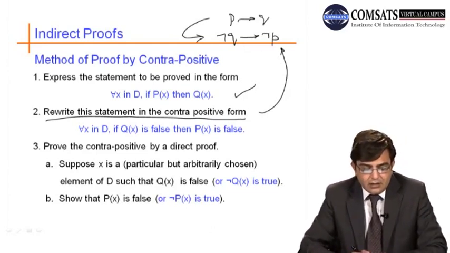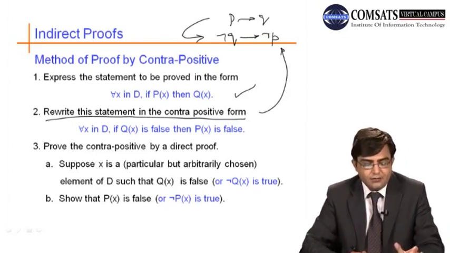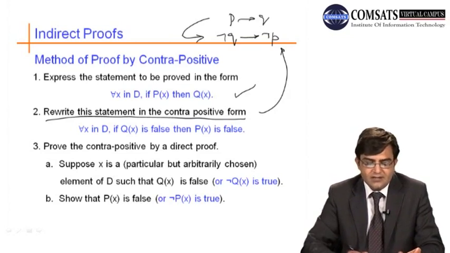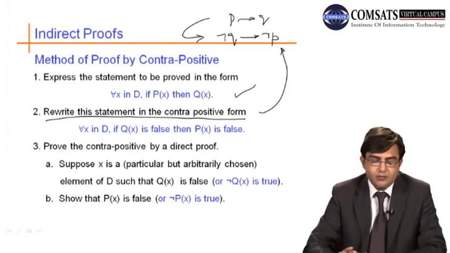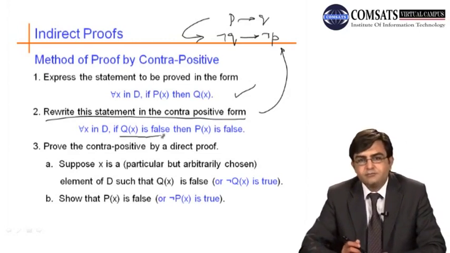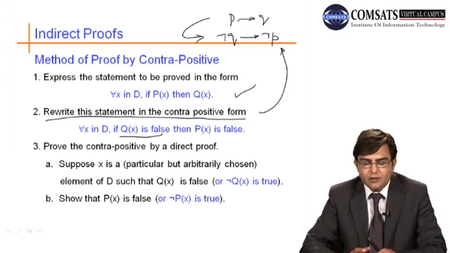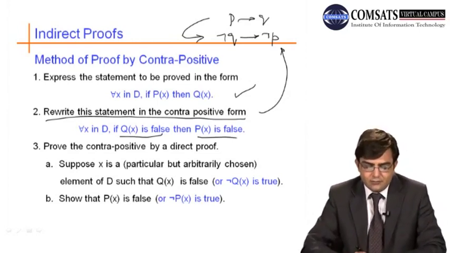After rewriting the statement in contrapositive form, we prove this contrapositive statement by the direct method of proof. By the direct method, we suppose the hypothesis of this conditional statement is true, that is, Q of x is false, and then we shall prove that P of x is also false.